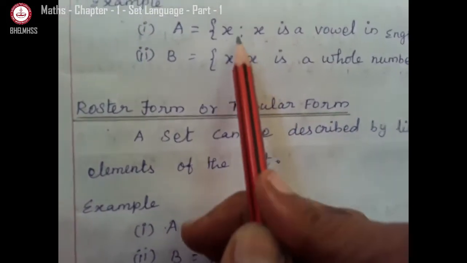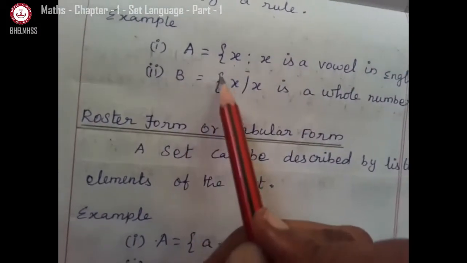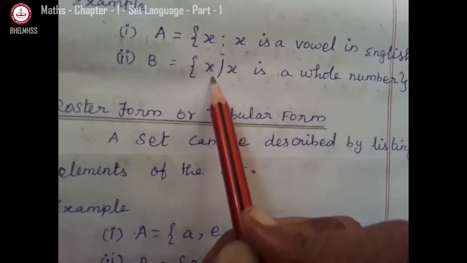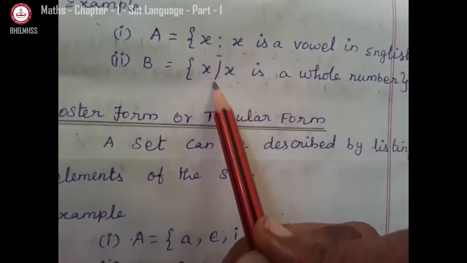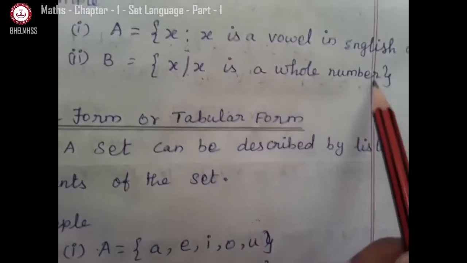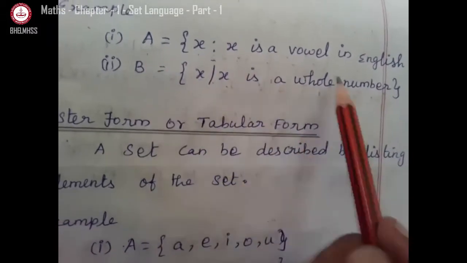The symbol is such that or whereas. x is a vowel in English alphabet. B equal to, curly bracket, x such that, x is a whole number. This type of writing the set means set builder form or rule form.